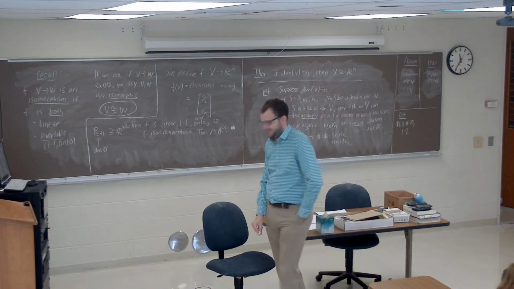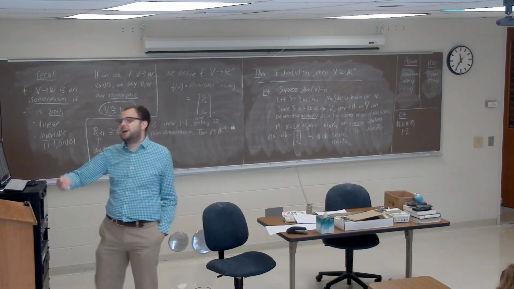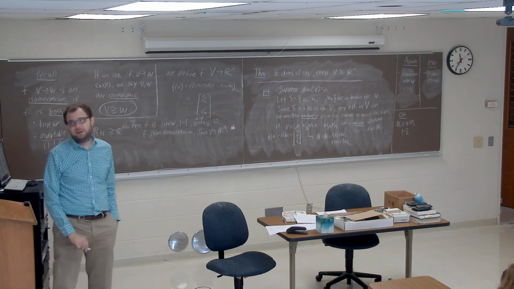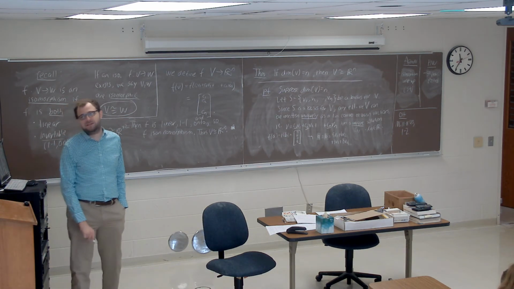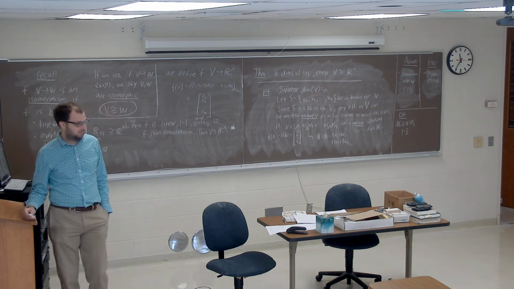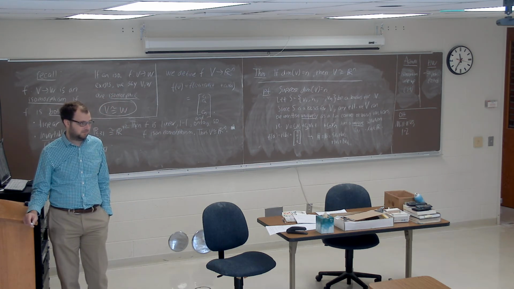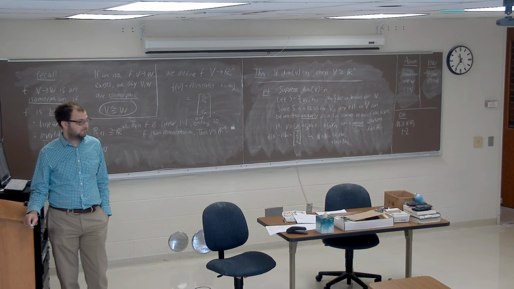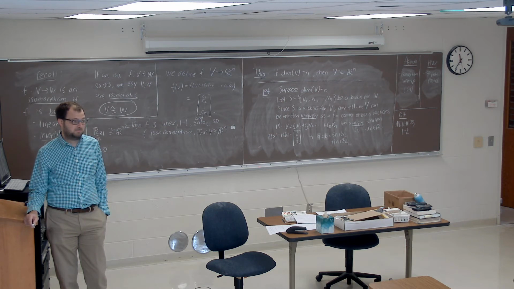I'm sorry. The forward direction is fairly similar: show that if f is an isomorphism, then it has to have a trivial kernel. Does that prove that v1 has to equal v2 or just that it can?